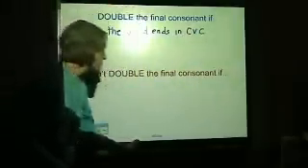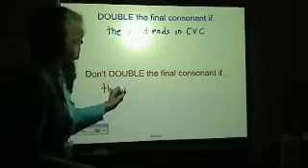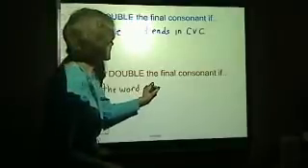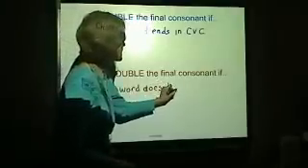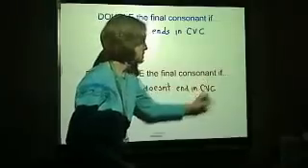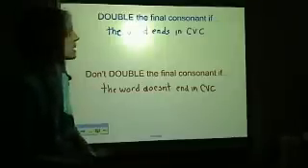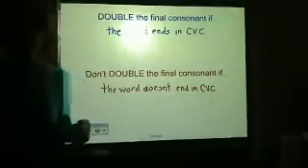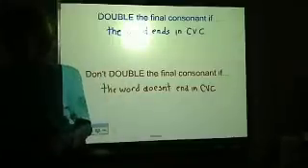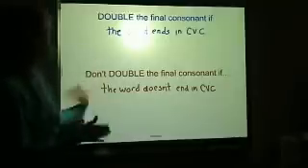Don't double the final consonant if the word doesn't end in consonant, vowel, consonant, or the word ends in something other than consonant, vowel, consonant. I would ask the students at that point to, in pairs, one person says the blue one to the neighbor, the other person says the red one, and then they switch.